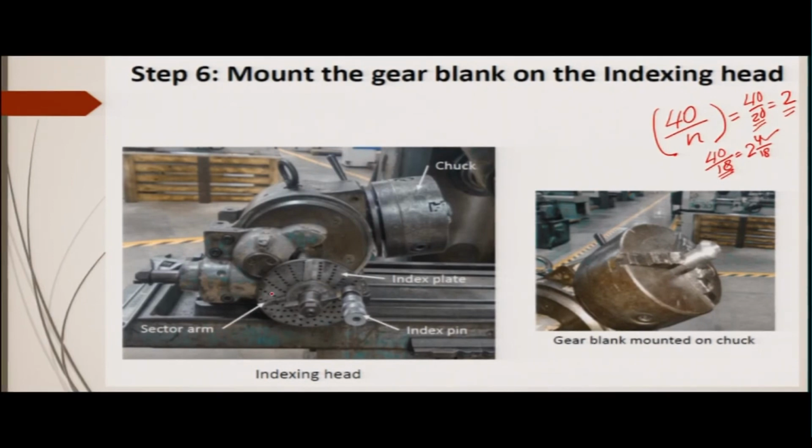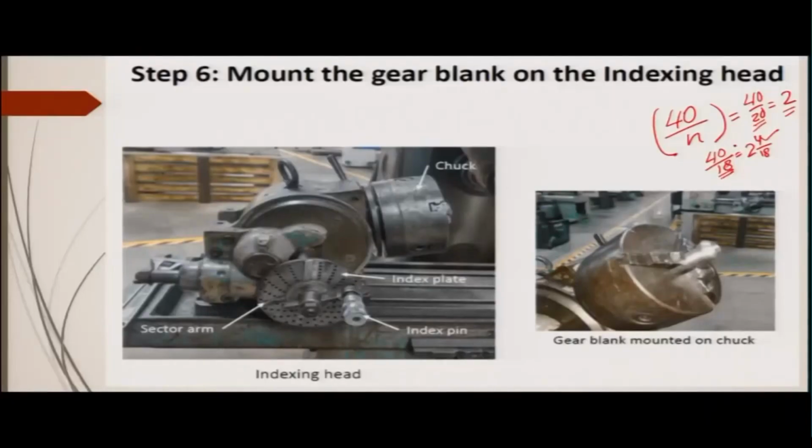That is how the calculation is made. It is simple, and you can quickly calculate 40 by n, how many times the indexing plate has to be rotated and how much fraction of a rotation has to be given. That will be the indexing for moving from one tooth position to another.